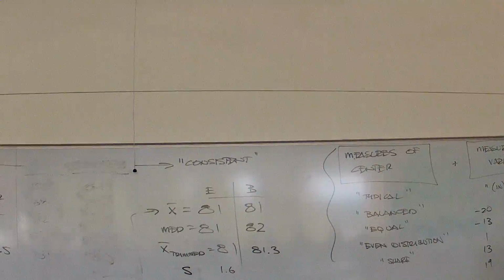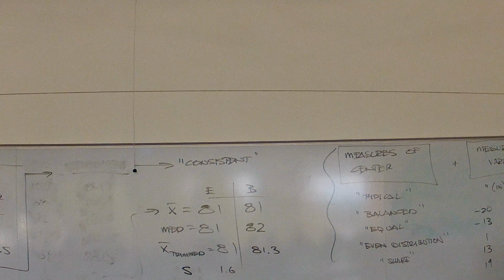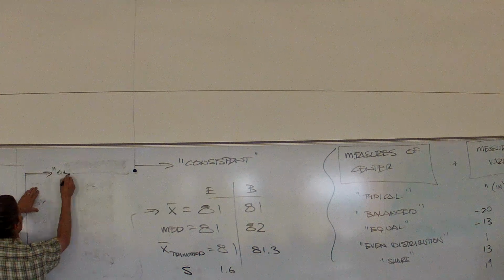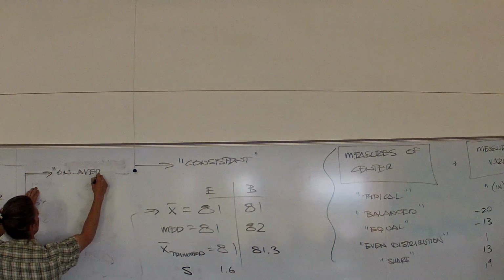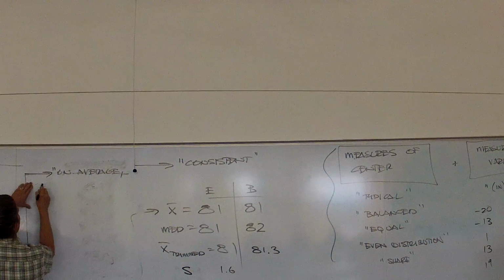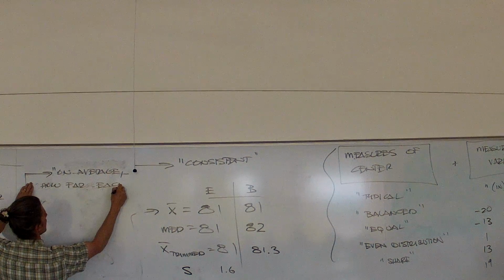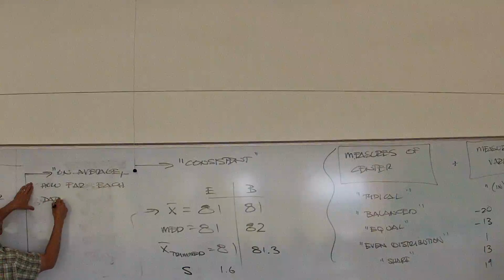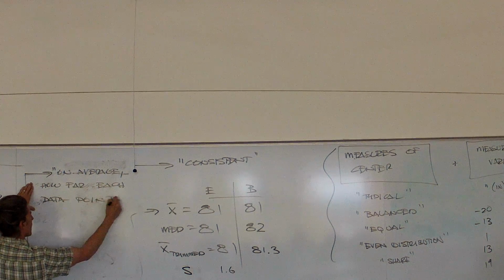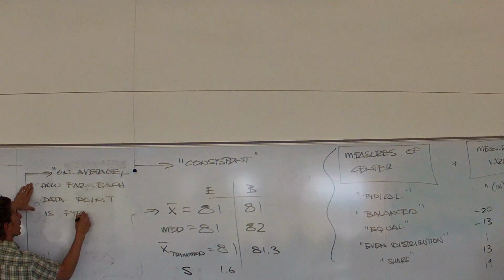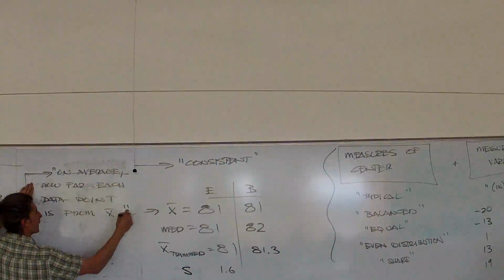The best way I found to think about what standard deviation means is this. This is probably the most concise way. Tammy just said it verbally perfectly. It's, on average, how far each data point is from X bar.